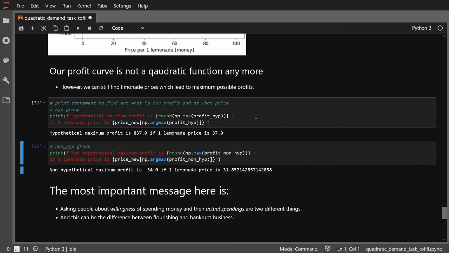Once we run the cell, we learn that our hypothetical maximum profit is 137 money, which is more than in the first part we got 500, and the lemonade price should be 37 money. For the non-hypothetical group, we do the same, and we learn, unfortunately, that our maximum profit can be minus 34 at even lower price of the lemonade.